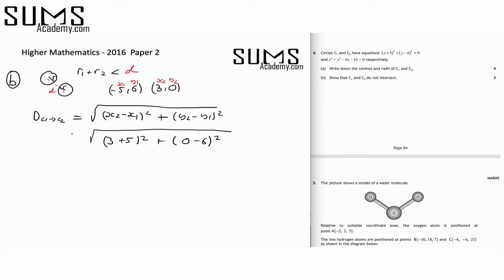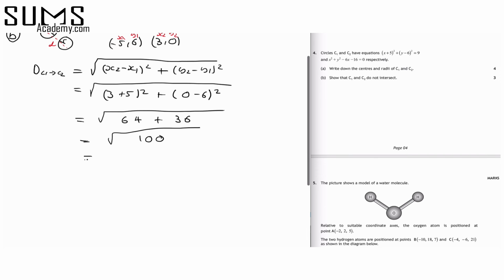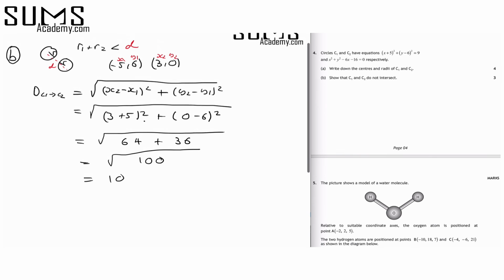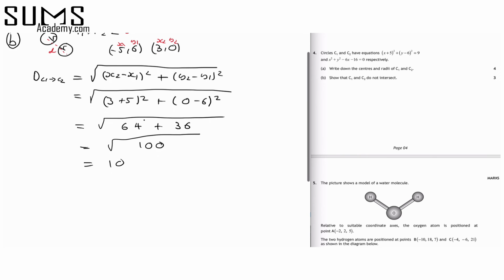So this then becomes the square root of 3 plus 5 is 8, squared is 64, then 6 squared is 36, so that's 64 plus 36, which is 100, that's nice and easy, equal to 10. So the distance between the centres is 10.